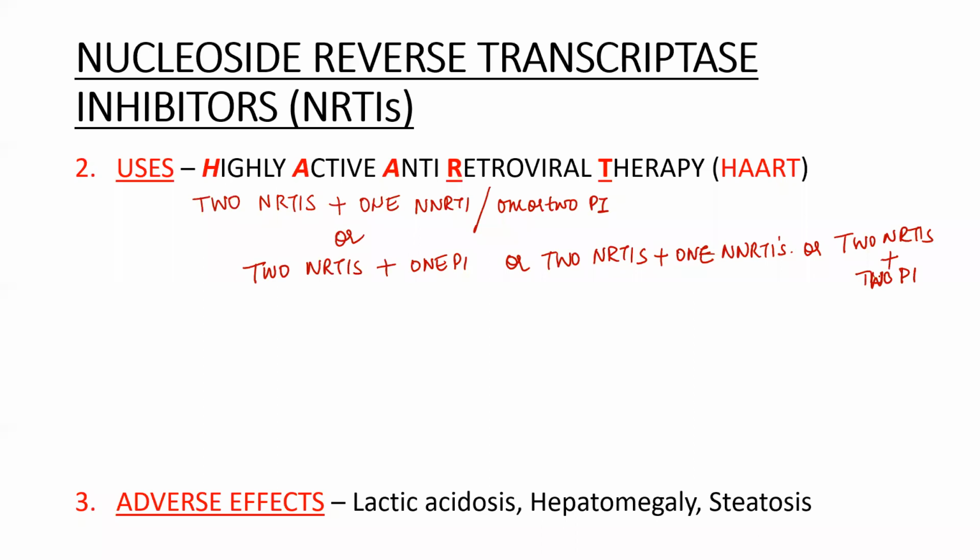So these are the regimens that are usually followed, but the main regimen that is followed is the combination of drugs of 2 nucleoside reverse transcriptase inhibitors plus 1 non-nucleoside reverse transcriptase inhibitor, or it can be a protease inhibitor, right?